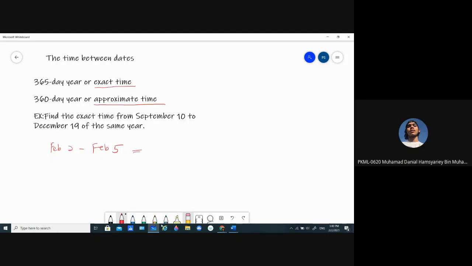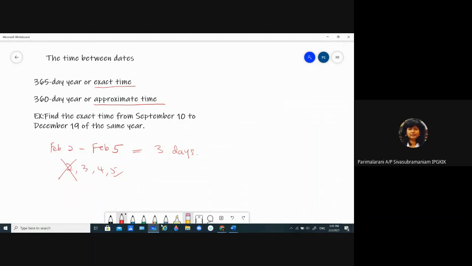We have here February 2, 3, 4, and 5, but in business we always disregard the first day and include the last day. So there is 1, 2, and 3. The exact time between February 2nd and February 5th is 3 days.